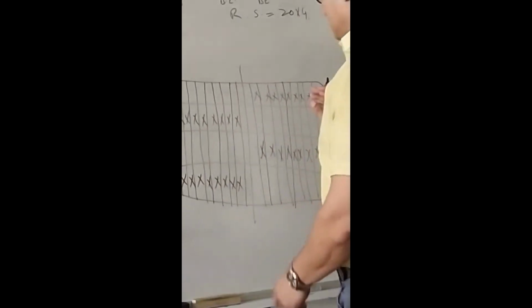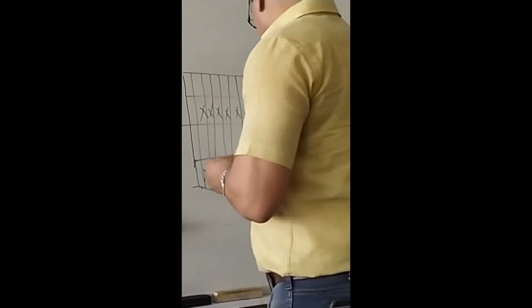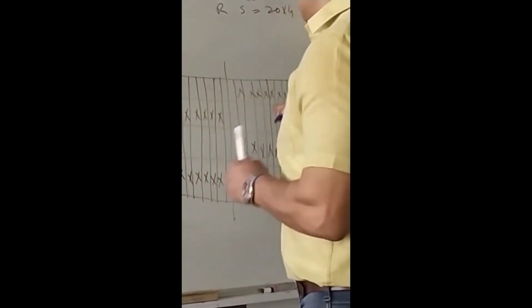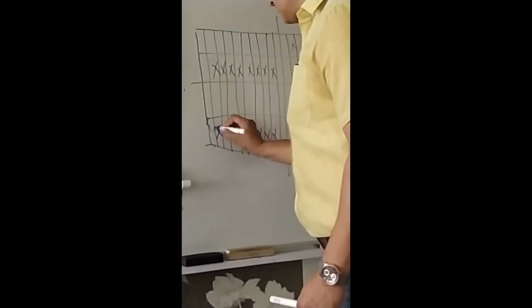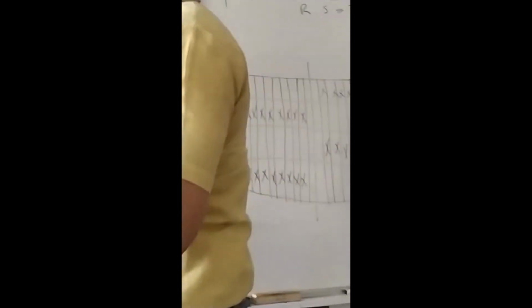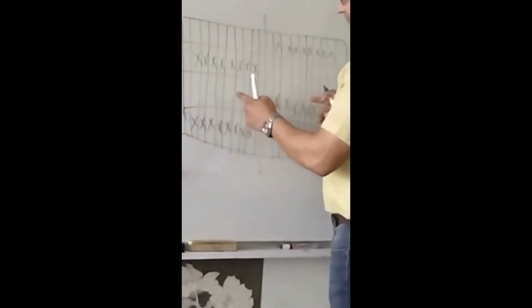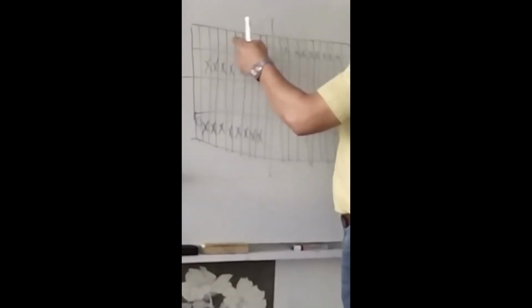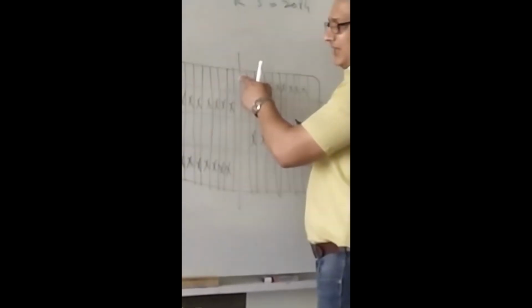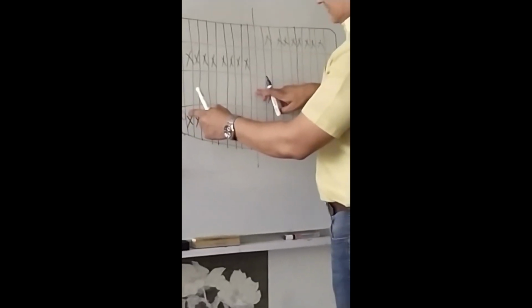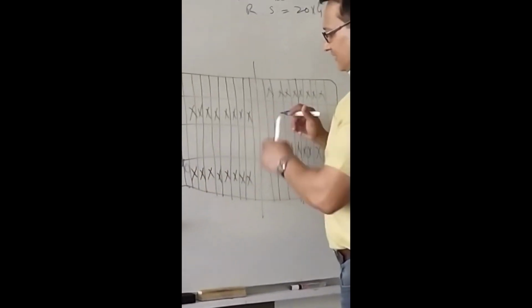Now, what was there? In case of plain it was 1 up, 1 down. Up and down do not join. So what was there? Here 1 up, 1 up, 1 up, 1 up. But now this is shifted to here.